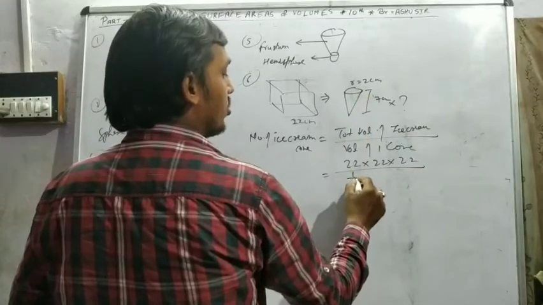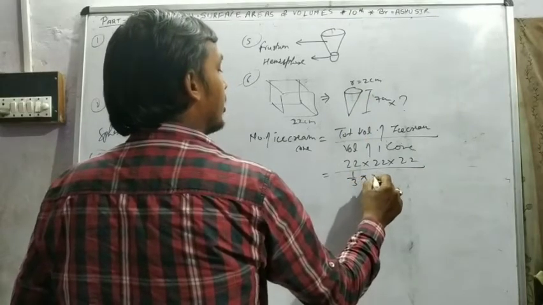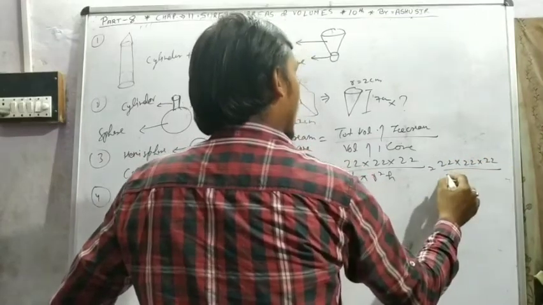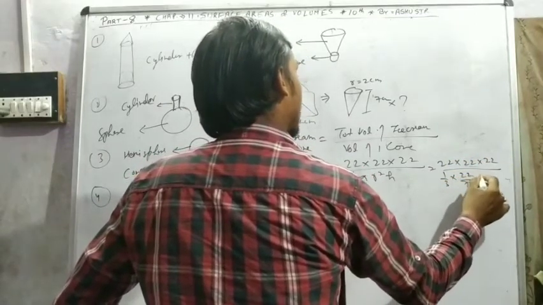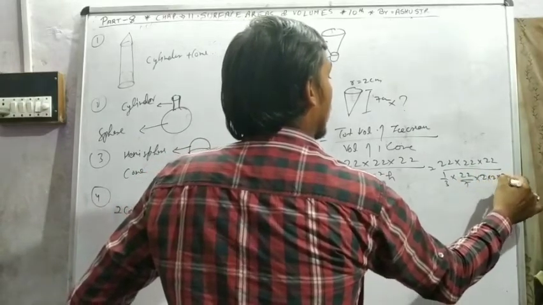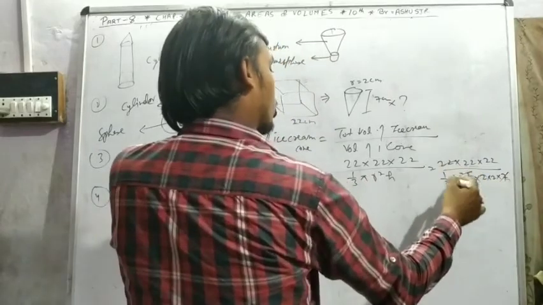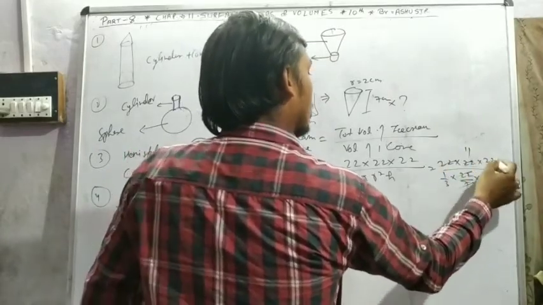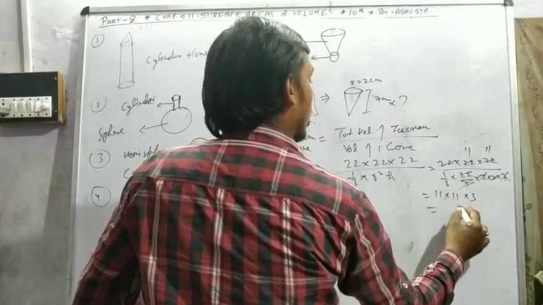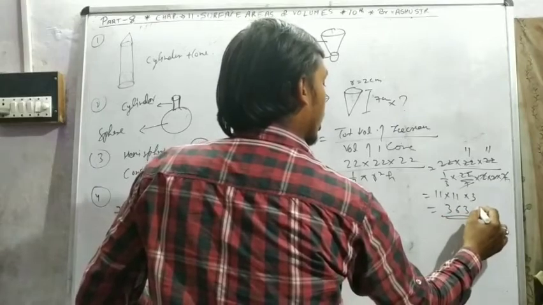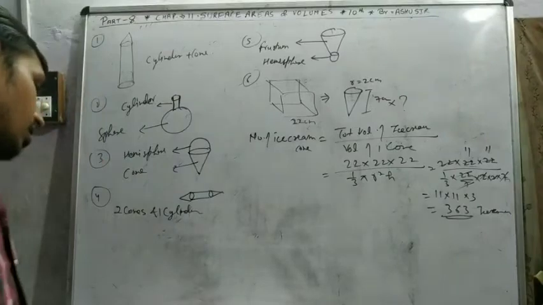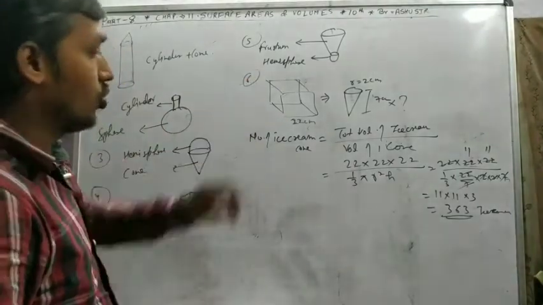This is the shape of a cone, 1 by 3 pi r square h. 22 into 22 into 22 upon 1 by 3 into 22 by 7, r is 2. 7 cancel, 22 cancel, 2 into 11, 2 into 11, 11 into 11 into 3, so 363. 363 ice creams can be filled by this whole cube.